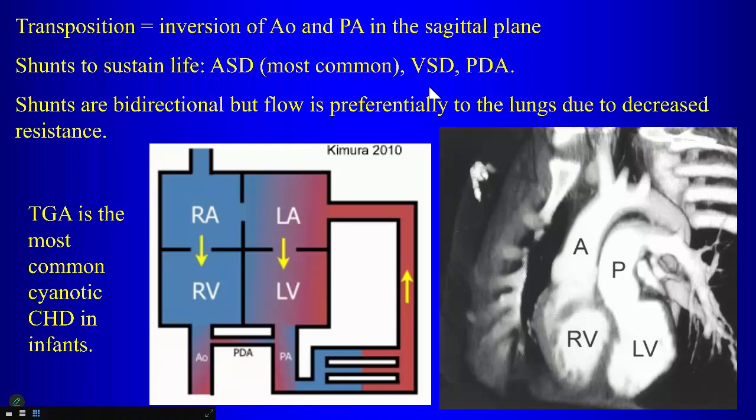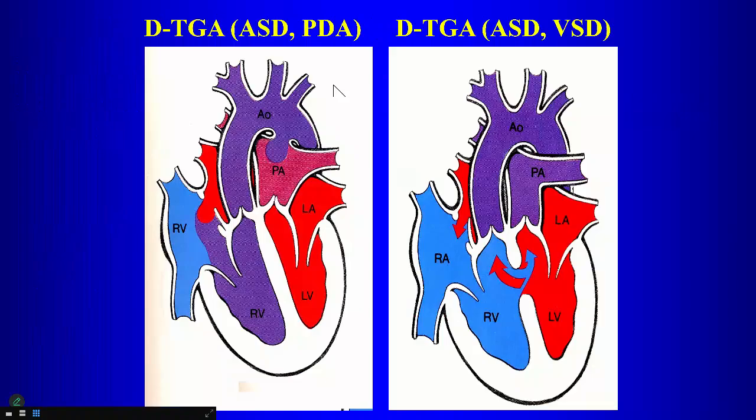Otherwise, you could never get oxygenated blood into the systemic system, okay? The shunting will be bidirectional. As long as there is no pulmonic stenosis, you will have preferential shunting towards the pulmonary circulation, hence the increased pulmonary blood flow because of the less resistance, all right?